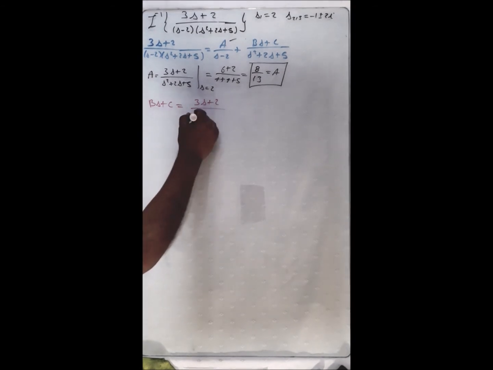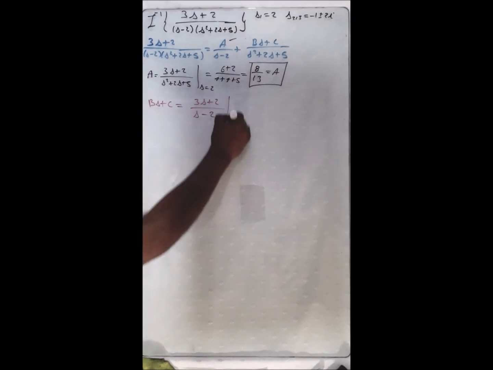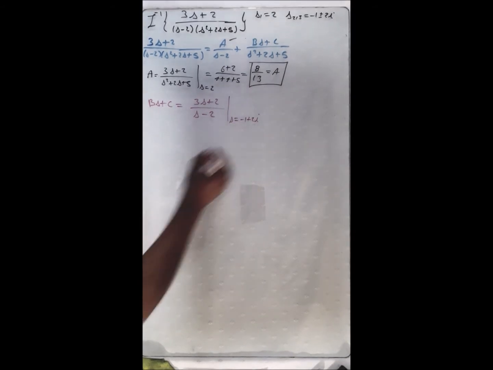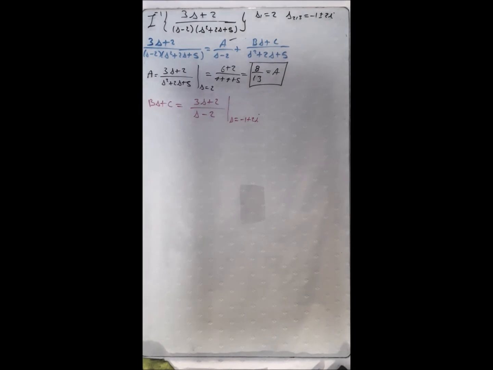So the only thing left is s minus 2, and then you are going to make the replacement s equal to minus 1 plus 2i. You can choose either plus or minus, it's the same, it doesn't change the results.